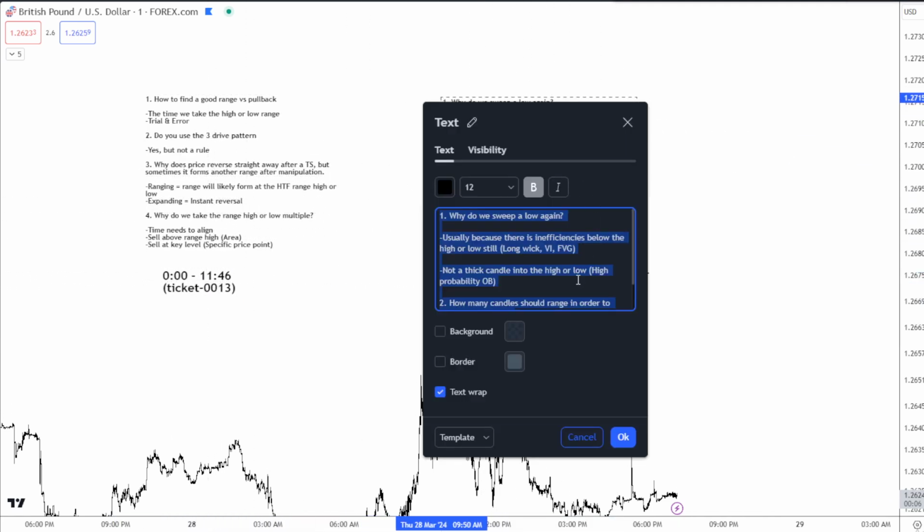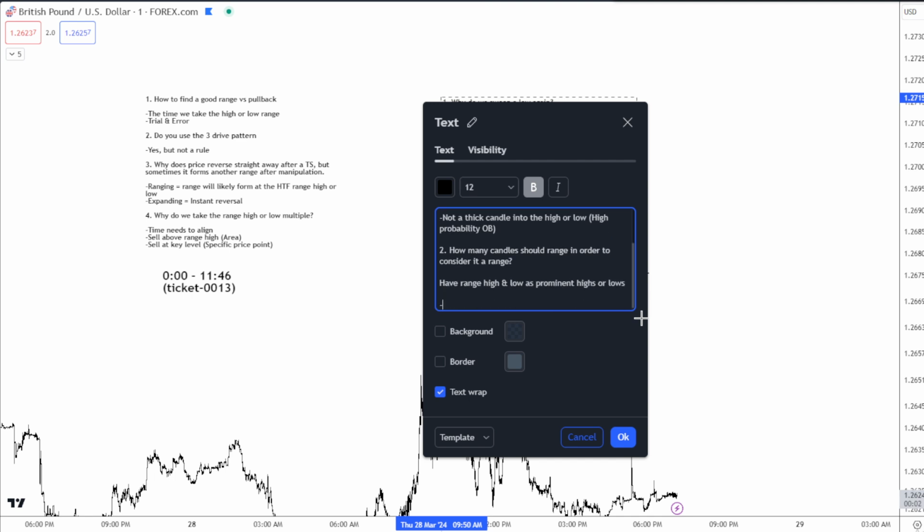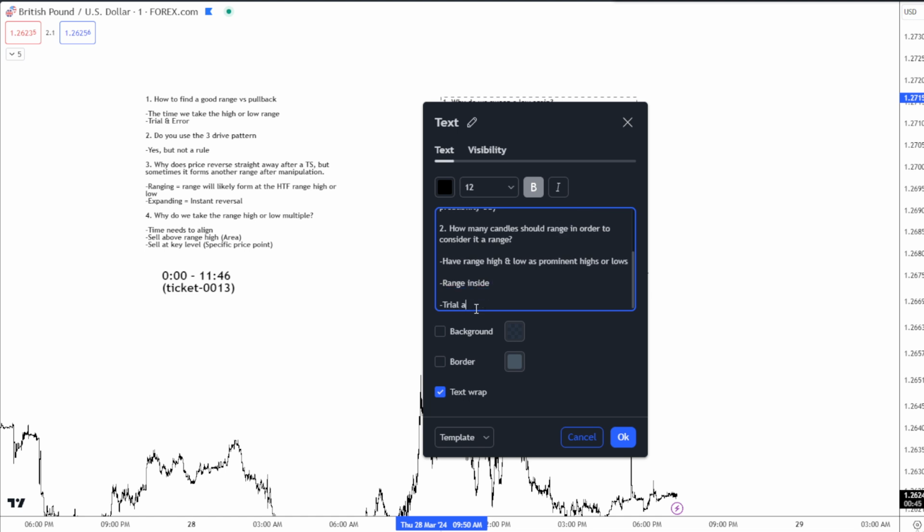Have highs and lows, and then just range inside, and then trial and error to identify ranges.